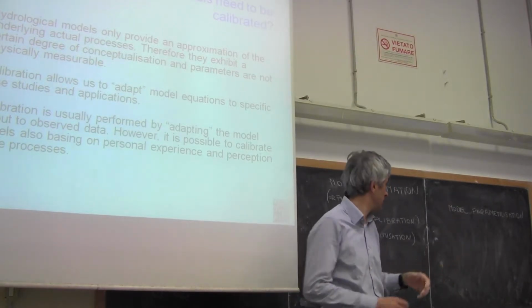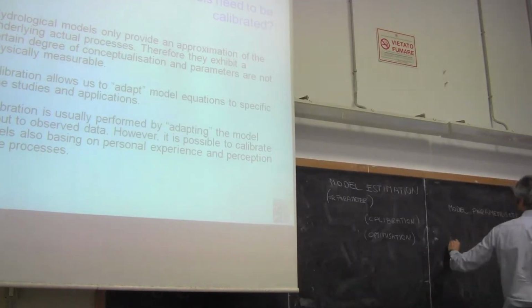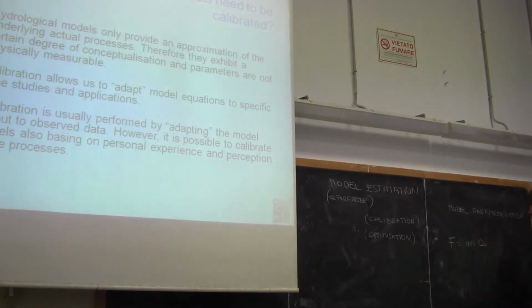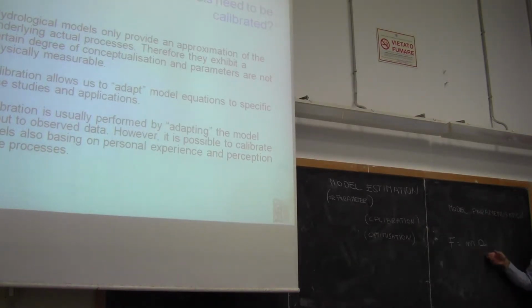If you think of Newton's law F equals ma, you don't have any parameter here. F is the force, m is the mass of the body, a is acceleration. You don't need to introduce here a kind of alpha or k to adjust it. It's a correct relationship, and you don't need any flexibility.